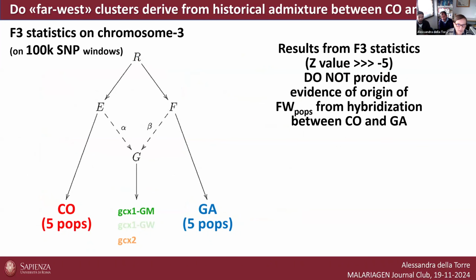Is this particular population the result of hybridization between gambiae and coluzzii, can it be considered a hybrid form derived from hybridization? The results of F3 statistics, always on chromosome 3 data, provide Z values much lower, sorry, this was a mistake, much lower than -5, which suggests that there is no evidence of origin of this population from hybridization.